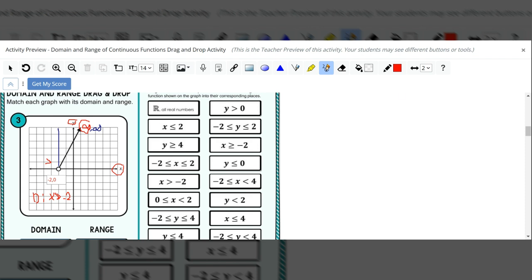Now my range is from this number here. My range is from y, I'll put 0. How do I know it's 0? Because my point here is 0.